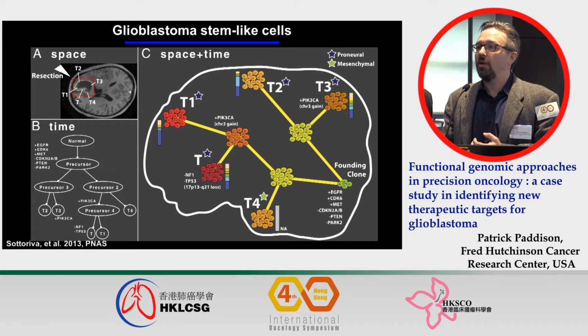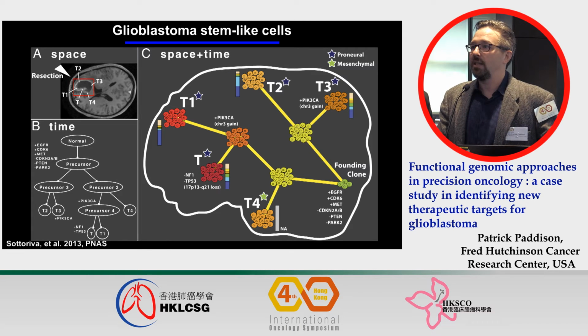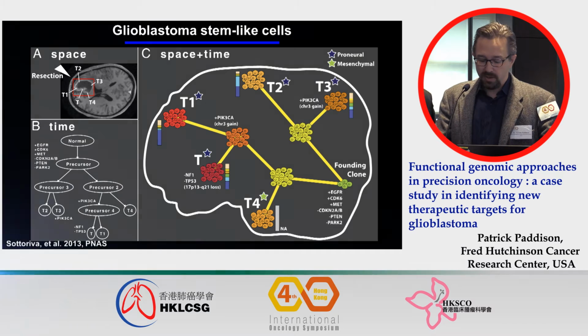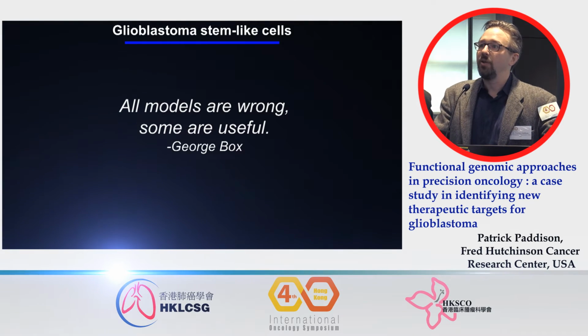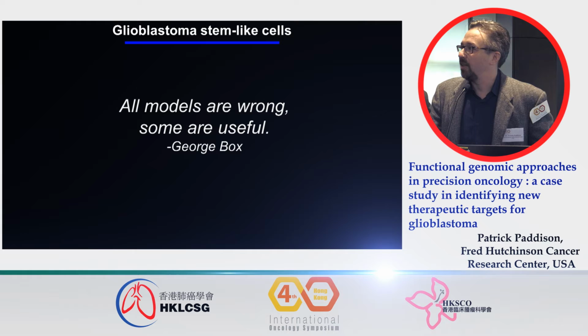You can see that there are a number of subclones, and when we isolate these cells from patient tumors, what I think we're actually doing is isolating a subclone. So we're not retaining the heterogeneity of the original tumor, but in some ways that's not bad because it simplifies our life experimentally. So these are not perfect models, but I like to think that they're useful.